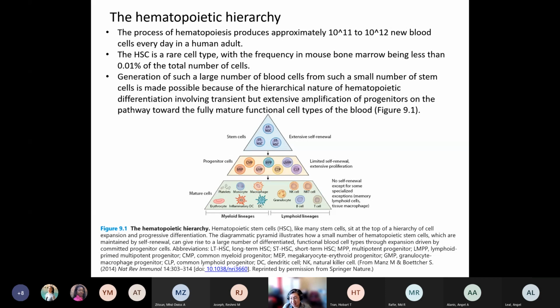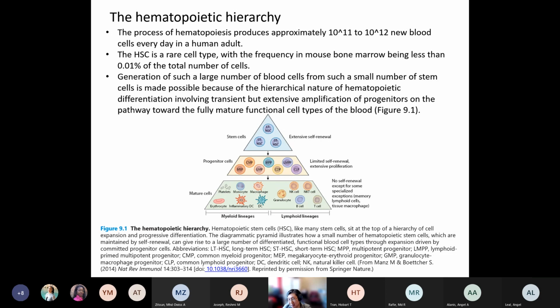So the hematopoietic stem cells sit on the apex of that hierarchy, but between the hematopoietic stem cell and the terminally differentiated cells in the system, you have quite a lot of progenitor cells. So they sit in the middle of that triangle, of that hierarchy.